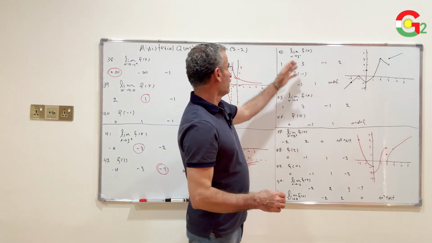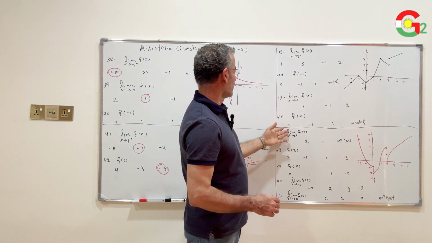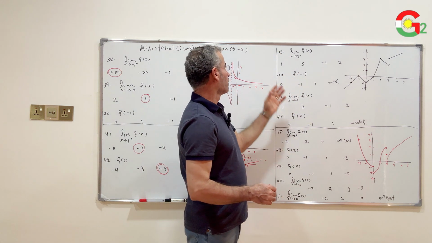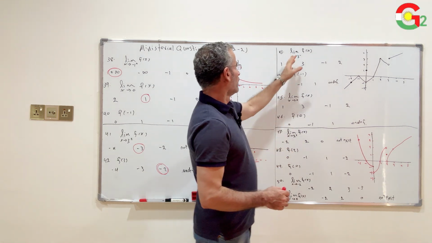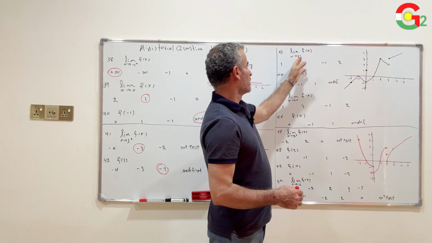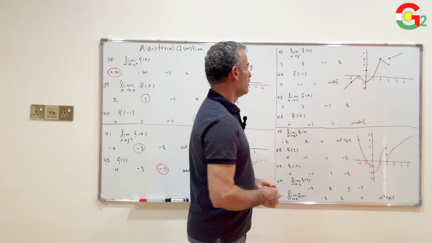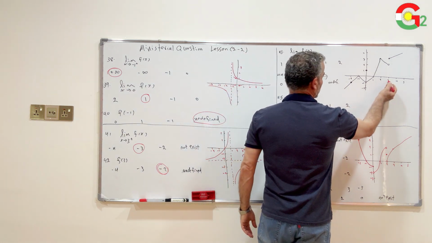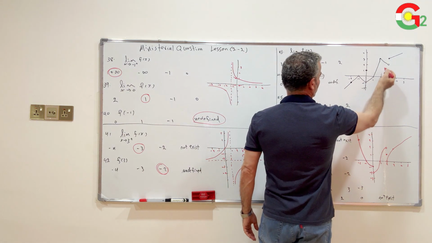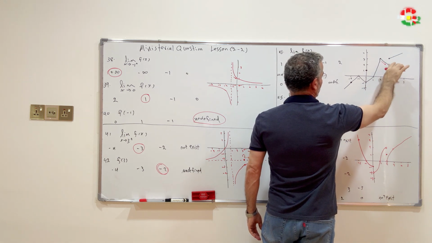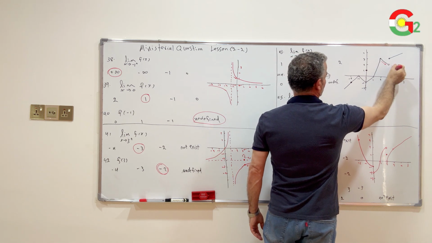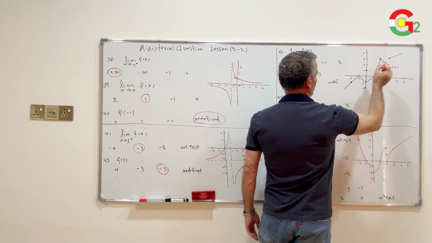Use the given graph to answer questions 43 to 46. Limit f of x when x approach to 3 from left. This is 3. This is the left of 3. f of x approach to this point. The coordinate of this point is 3, 2.